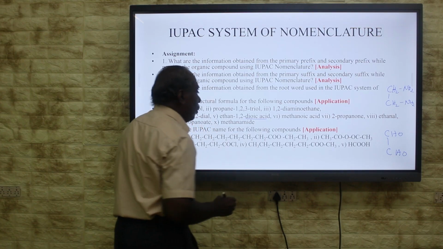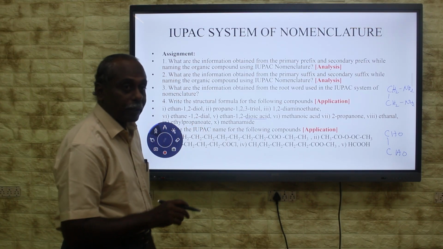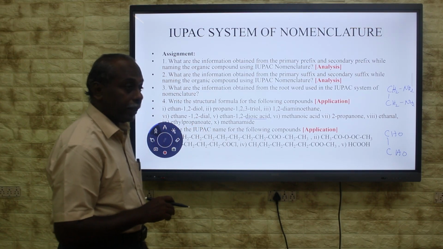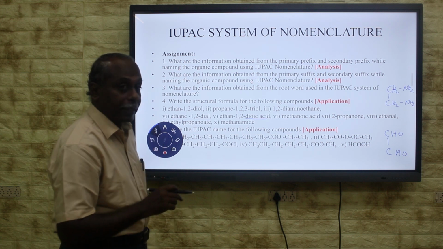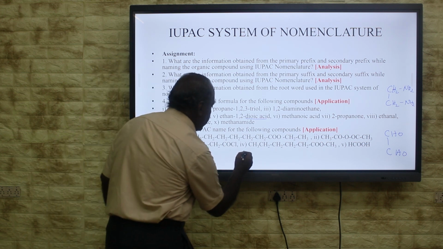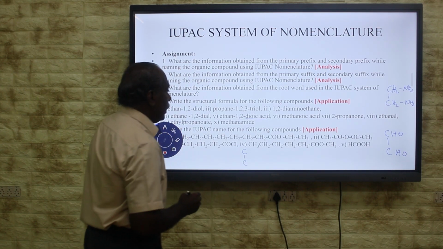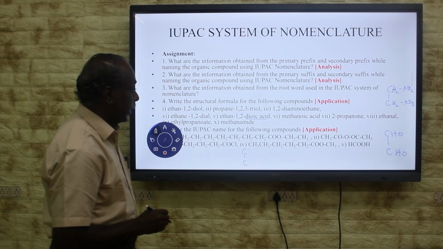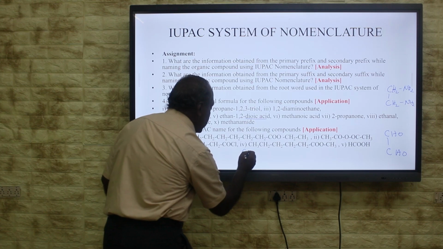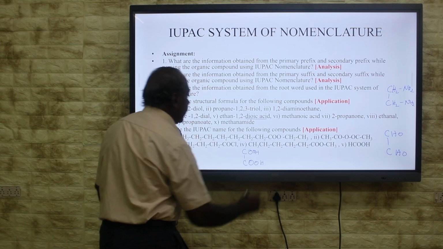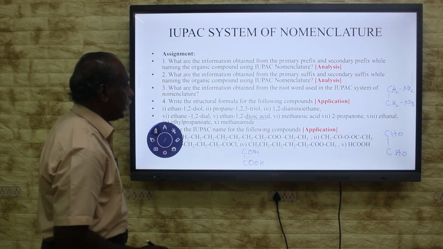Dioic acid: OIC acid indicates carboxylic acid. There are 2 carboxylic acids. The 2 carbon atoms are present as carboxylic acid: COOH, COOH. It is ethane-1,2-dioic acid.